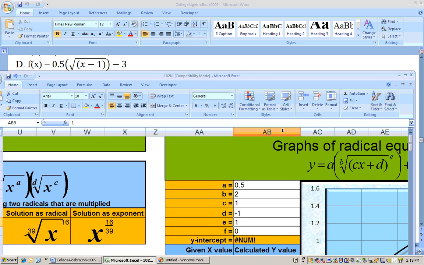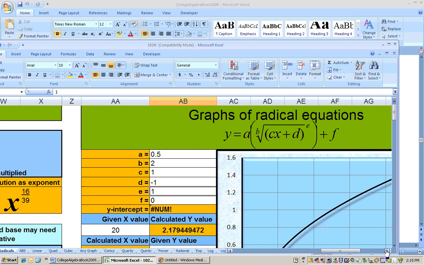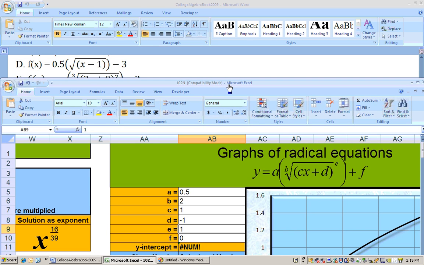And we have a constant at the end. The e is 1, by the way, because the x minus 1 underneath is to the first power. Then finally, the f is minus 3.